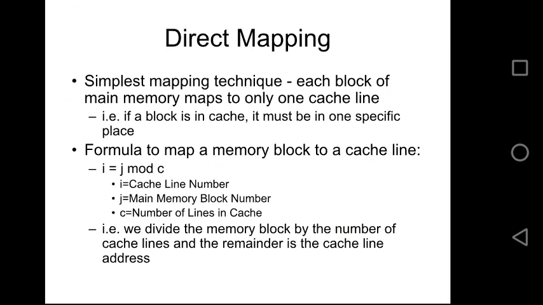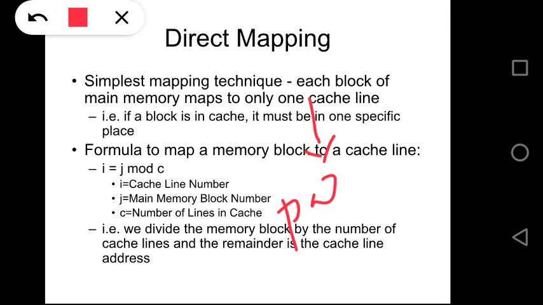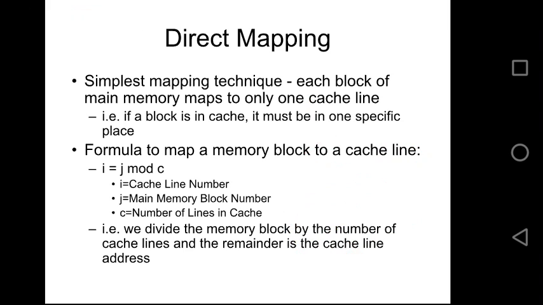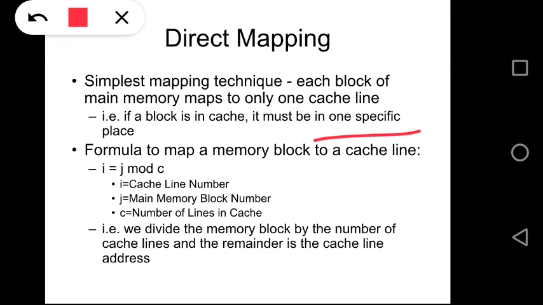So each block of the main memory maps to only one specific cache line. If a block is in the cache, it must be in one specific place. If a block is in the cache, its place is fixed. But there are so many competing blocks in the main memory.